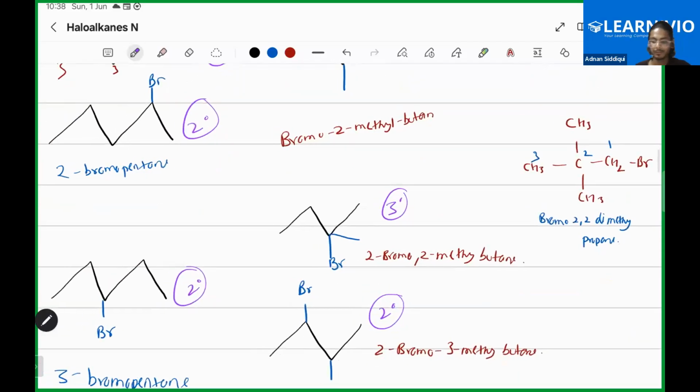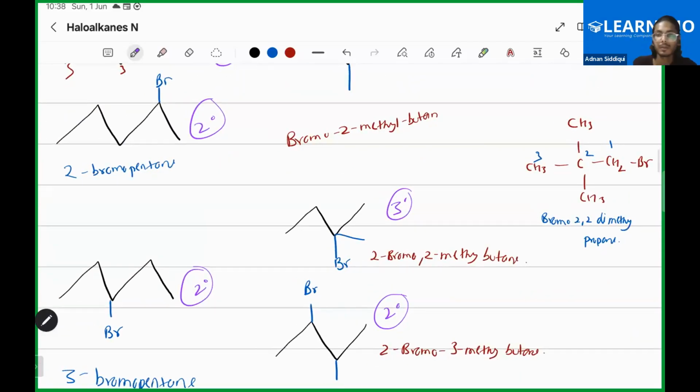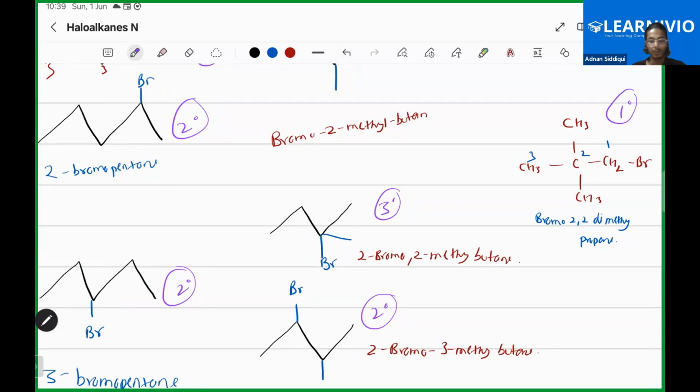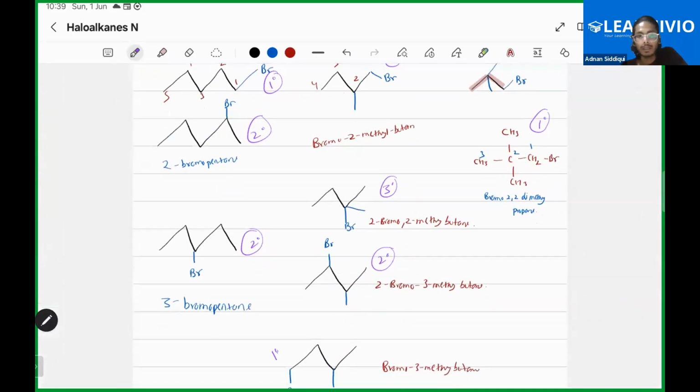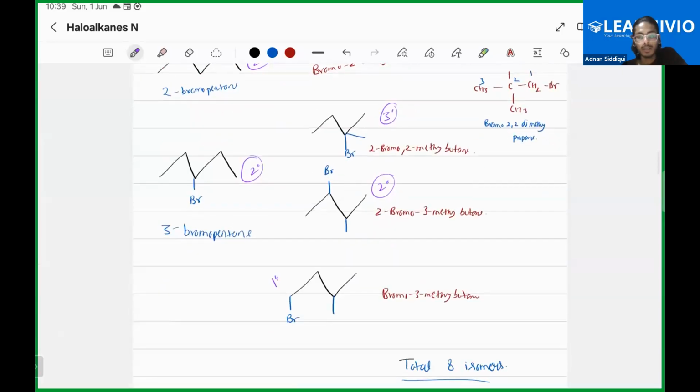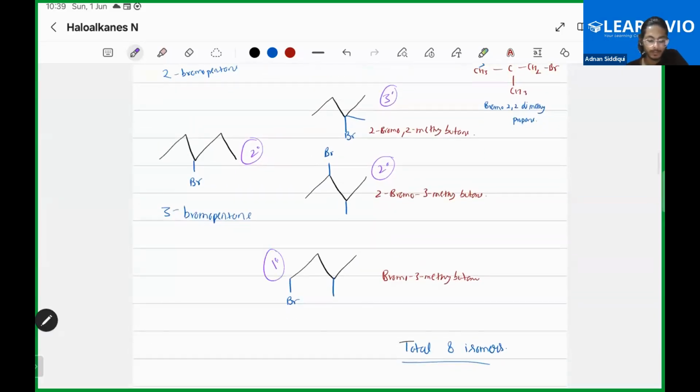What about this one? Sir, 1 degree. Good. So this is your complete answer. You have drawn all the isomers, you have named them, and you have also written whether each is 1 degree, 2 degree, or 3 degree. Right.